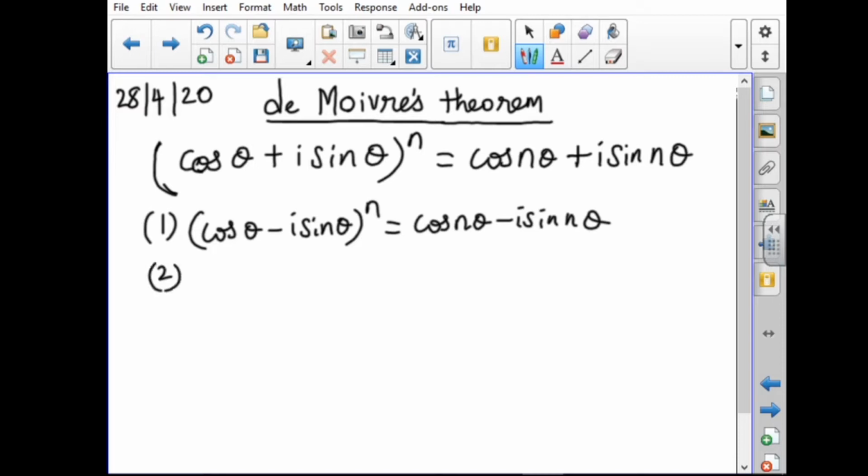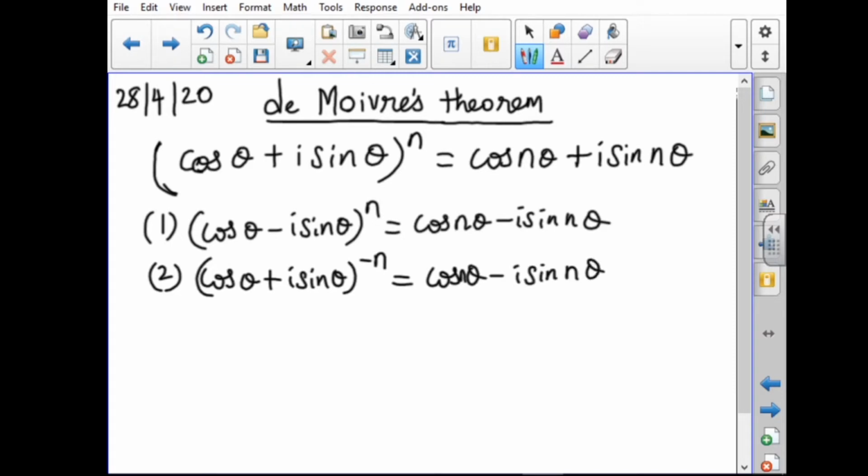Next, number 2, (cos theta plus i sin theta) whole power minus n is equal to cos n theta minus i sin n theta. So, when you are having the power of minus, when you are taking it inside, it will become minus.